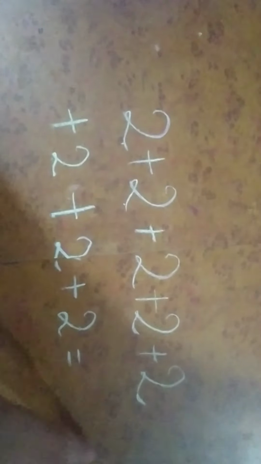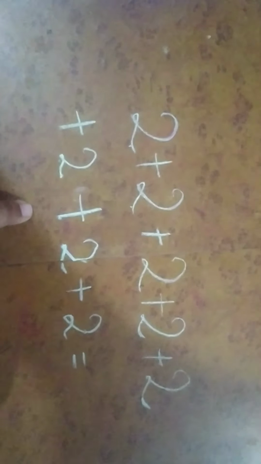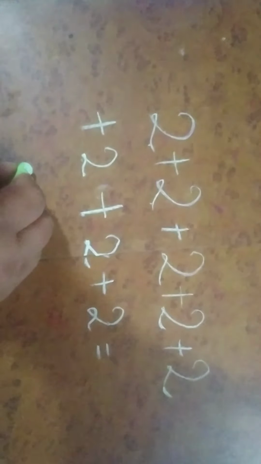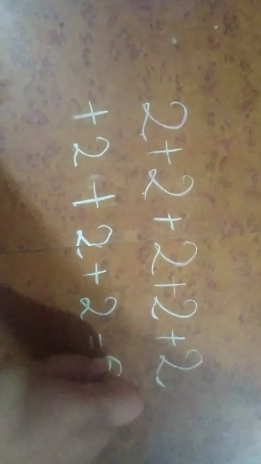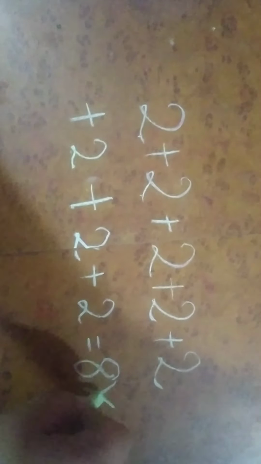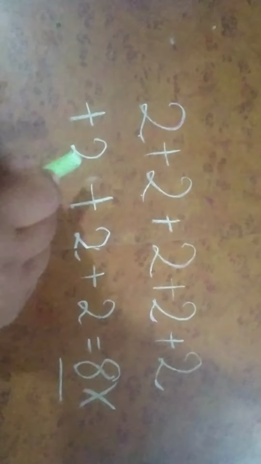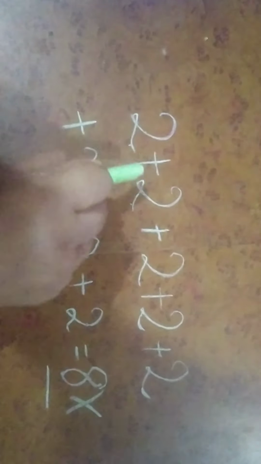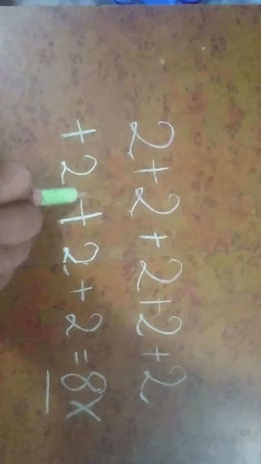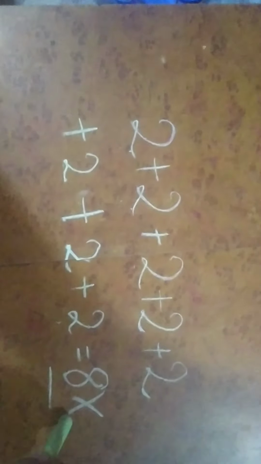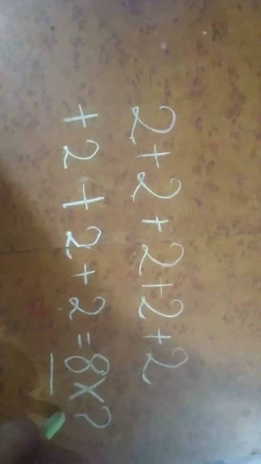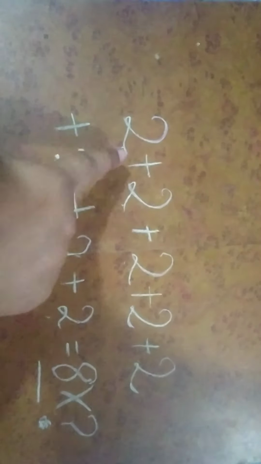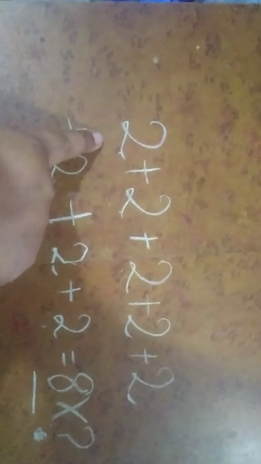That is, we can write this repetitive addition statement like this: 8 times. What do you mean by 8 times? Because here we are having a particular number. How many times? 8 times. 1, 2, 3, 4, 5, 6, 7, 8. So 8 times what? We have 2. 8 times 2.